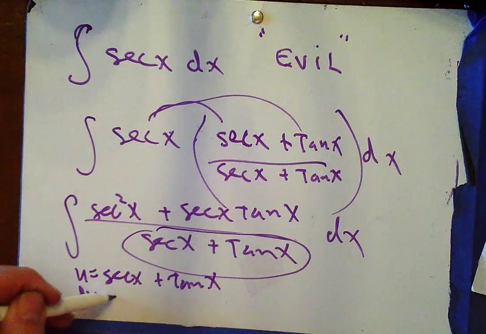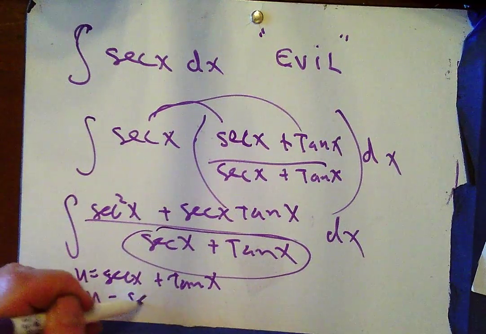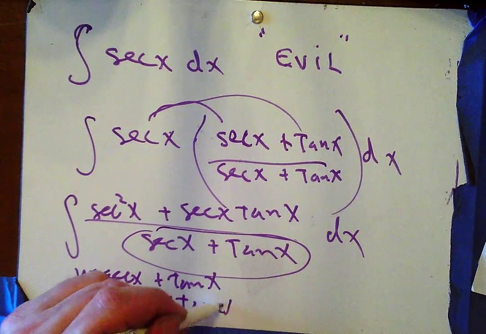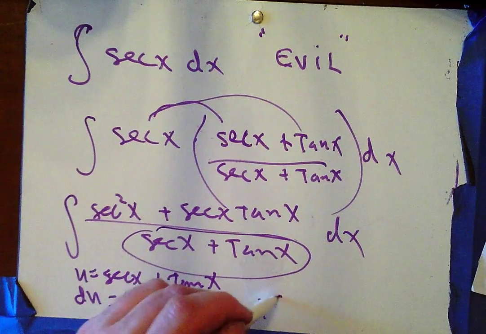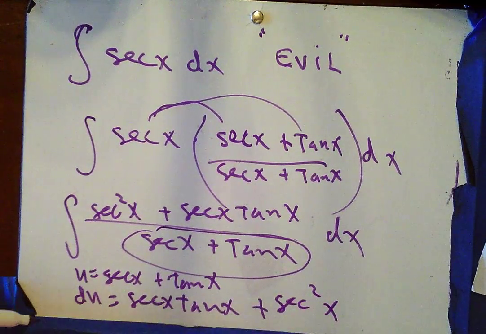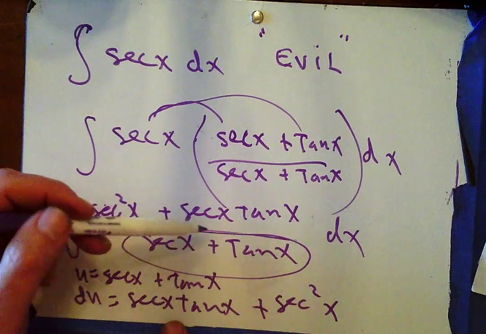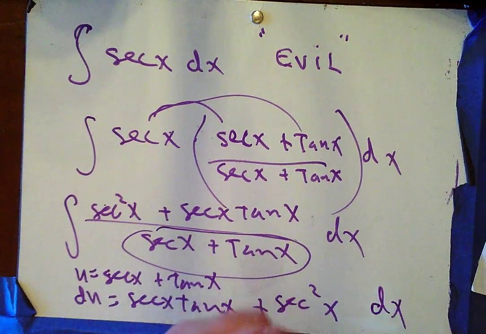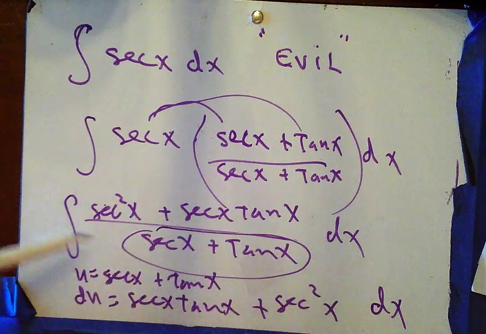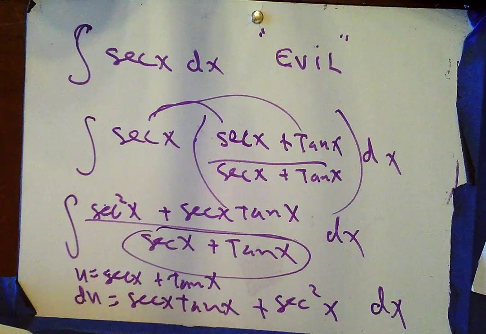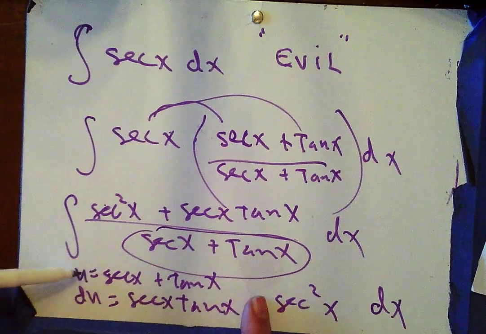Now, what's du going to be? Well, the derivative of that is secant x tan x, plus the derivative of that, secant squared x. Son of a gun. That whole top turns out to be just du. And the bottom is u.